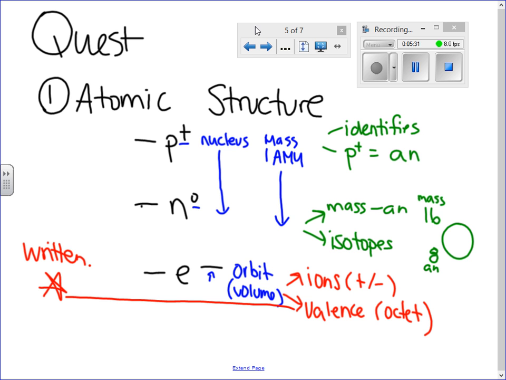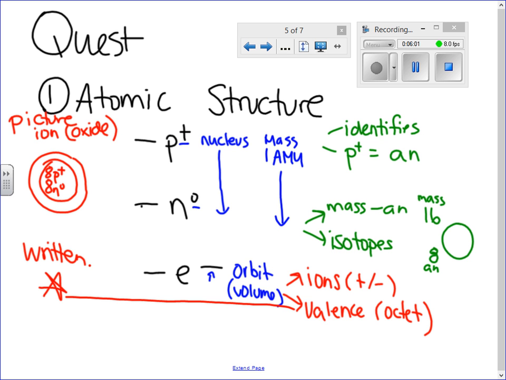The other thing that I want to mention about atomic structure is that it's very probable that I ask you to make a picture of an atom or an ion or something. Remember specifically, let's say I'm going to make an ion of oxide. So that's an oxygen ion. In the nucleus, I would write that I have 8 protons and 8 neutrons.